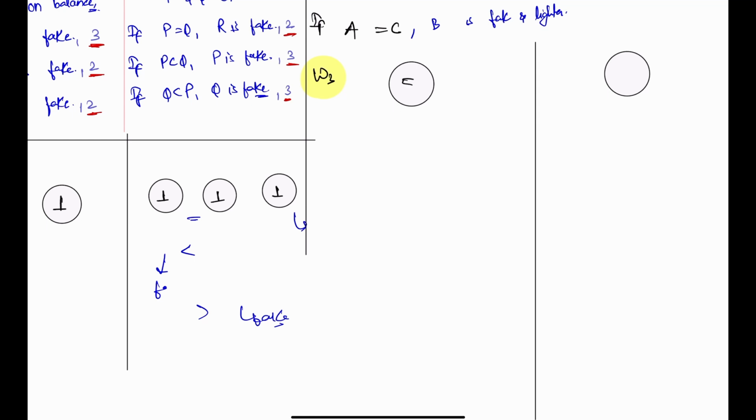There are 50 coins. Either fake is heavy here, and here fake is lighter.